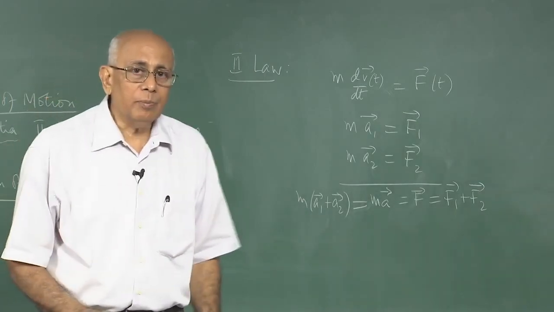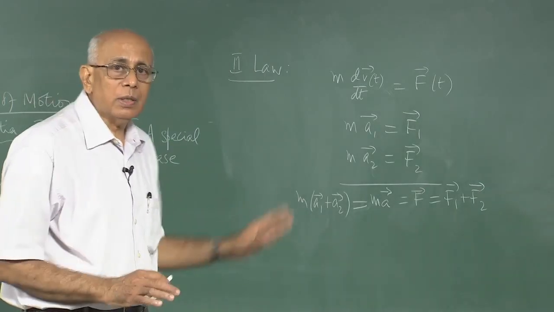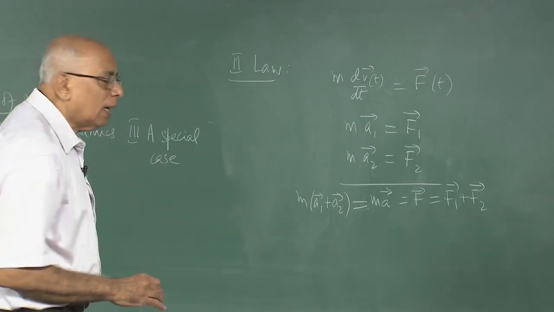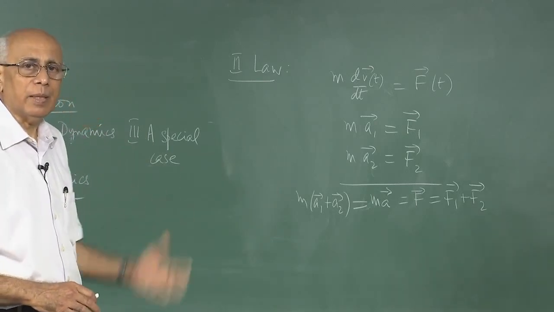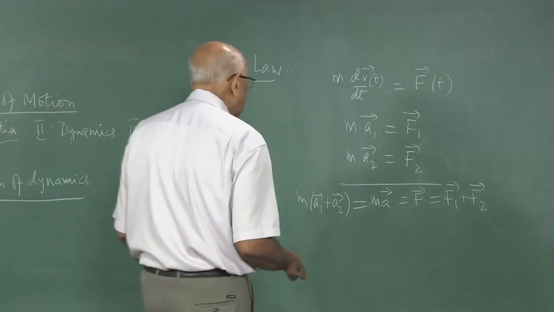This is not at all obvious, but it is a straightforward consequence of Newton's law of motion, and it has very deep implications. It is a linear law in that sense.